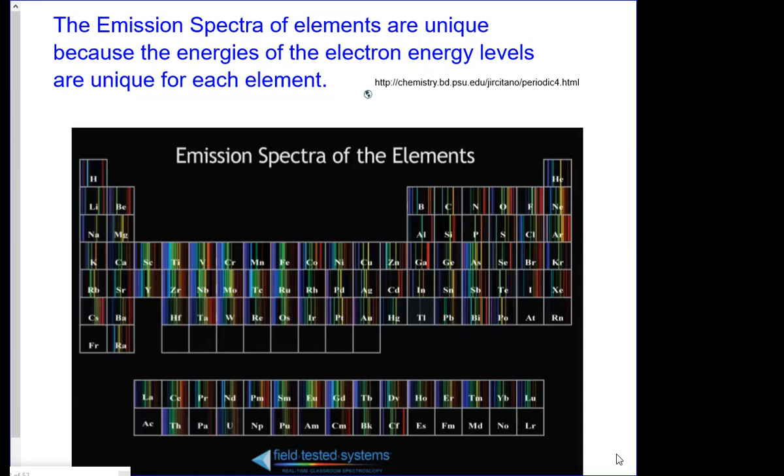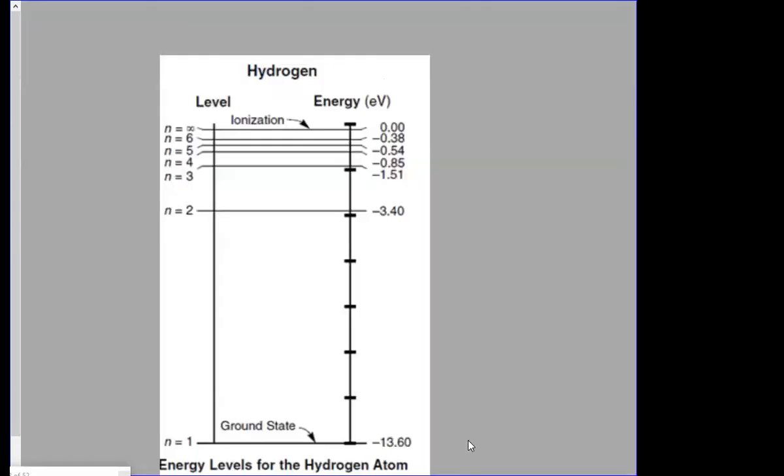There's nothing special about the electron itself. Electrons are all the same, but where those electrons exist in the unique energy levels gives a unique fingerprint of emission spectra for every element. I have a periodic table on Schoology where you can go and click every element and see its emission spectra.